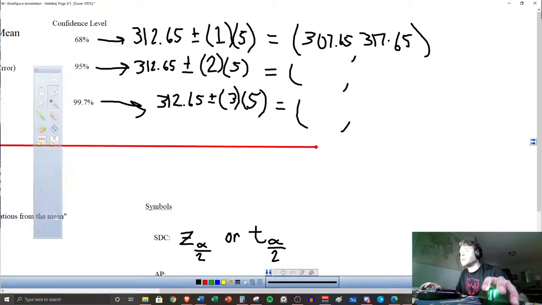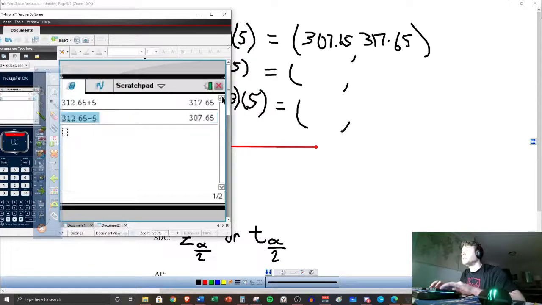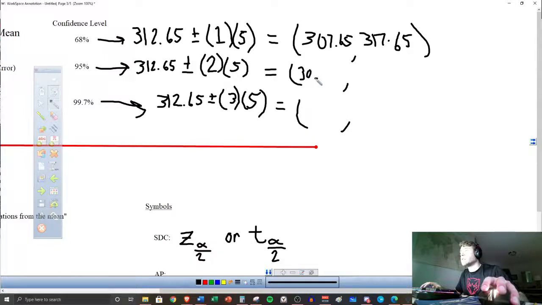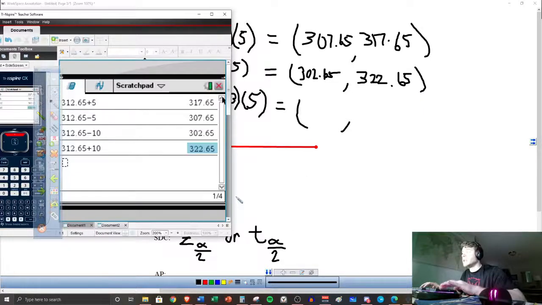Okay, we do the same thing now, except it's going to be 2 times 5. So we'll start with the lower boundary, then the upper boundary. So we get 302.65 and 322.65. All right, next we're going to do 3.